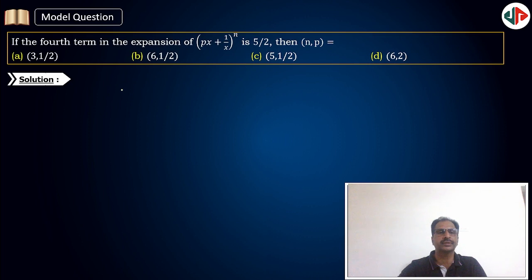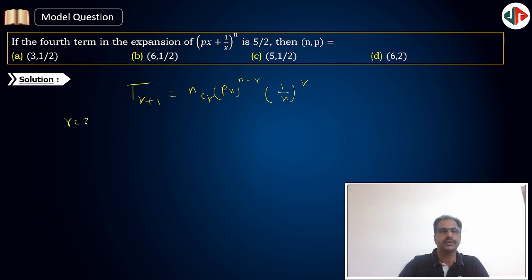Next question. If the fourth term in the given expansion is 5 by 2, write the general term first. NCR (px) whole power n minus r into 1 by x whole power r.